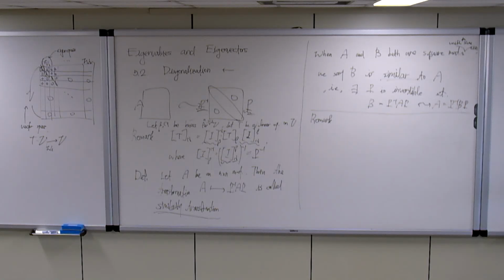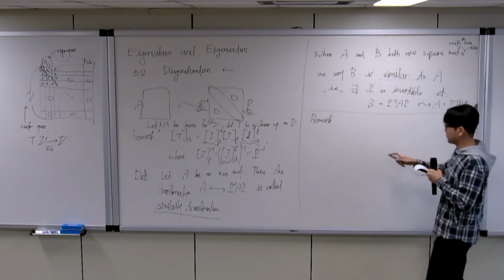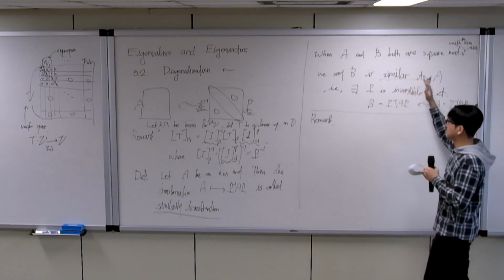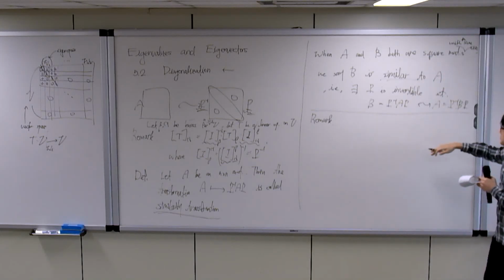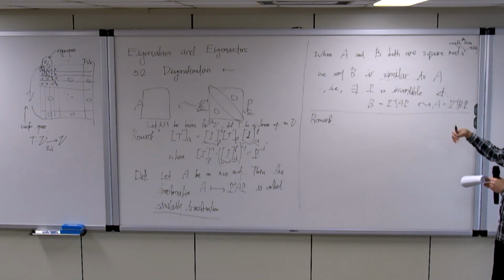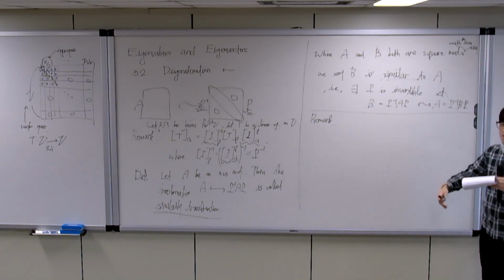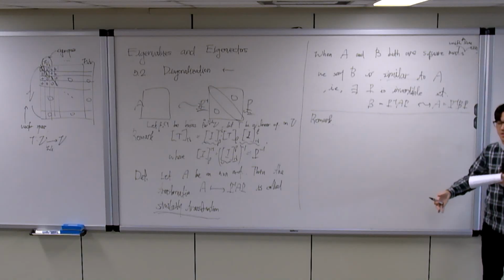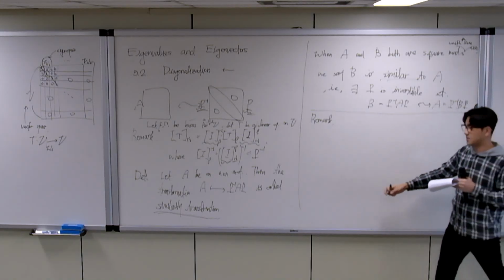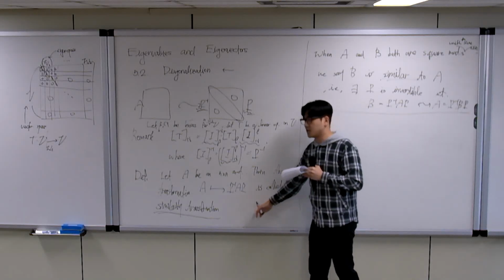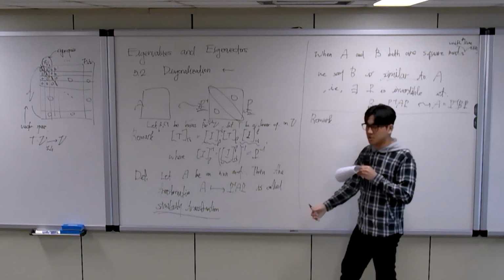So to understand what property is invariant under the similarity transformation, which means the invariant property under changing of coordinates, it's almost the same. So let's see some properties.